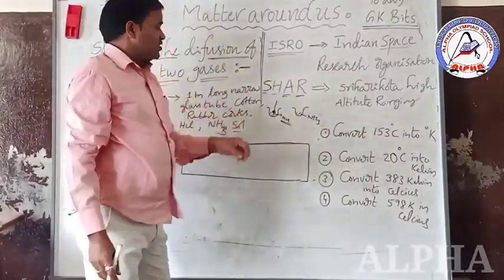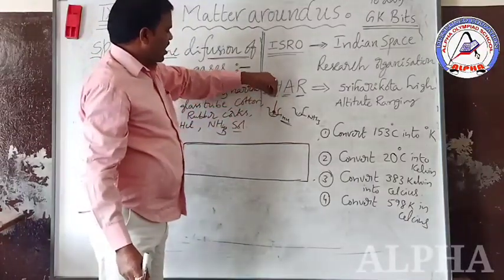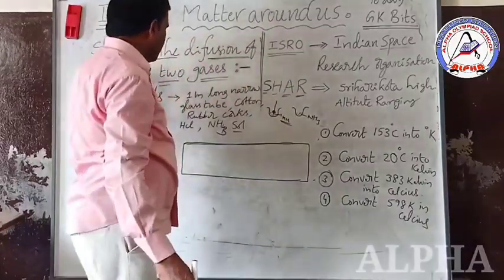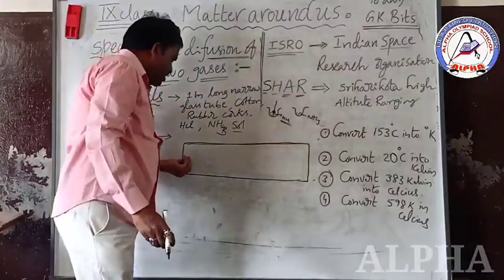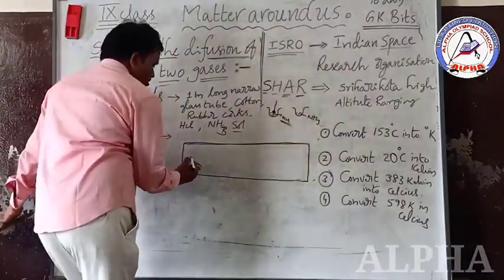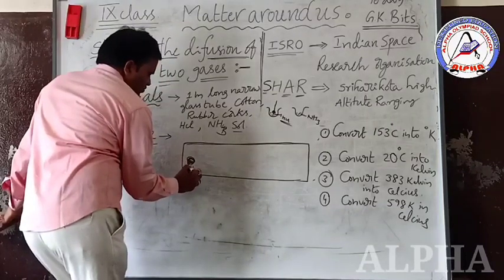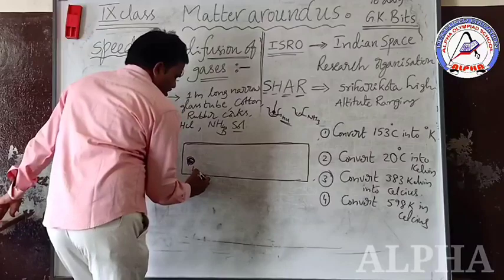After soaking the cotton plug in the HCl solution, immediately bring that cotton plug and place it here. Imagine this is the first one, the HCl cotton plug.